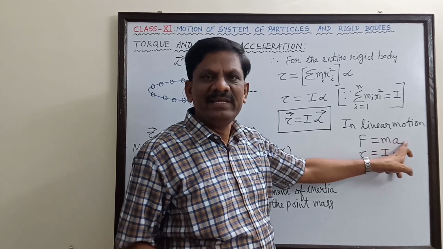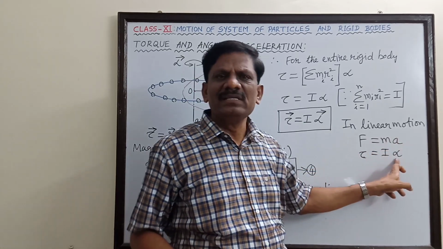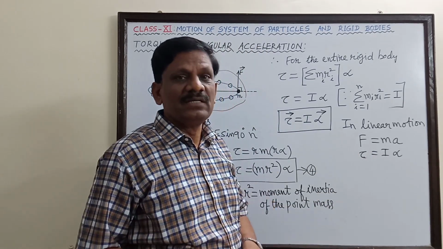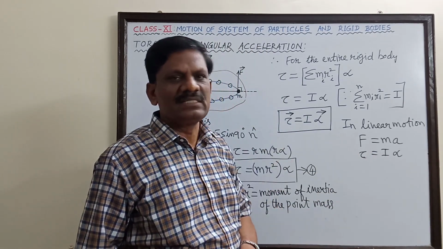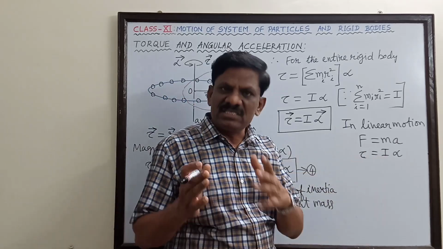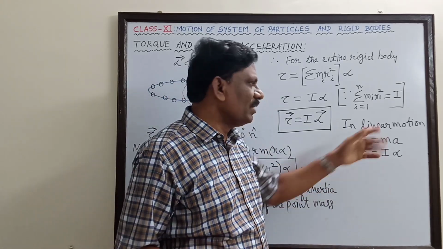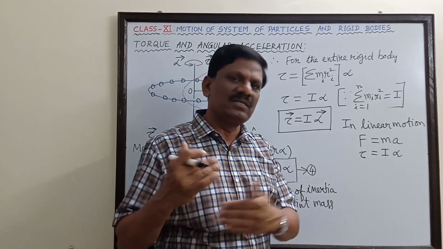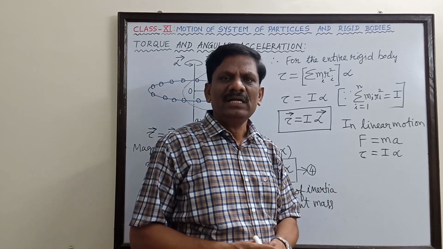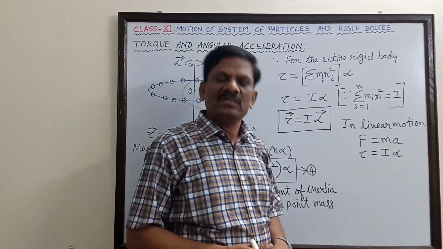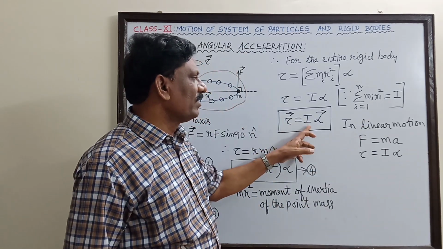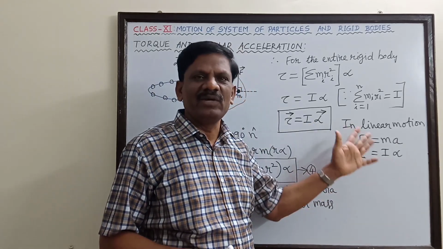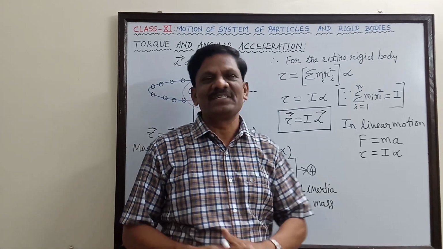So a is linear acceleration and alpha is angular acceleration. I can say that torque is analogous to force, the moment of inertia is analogous to the mass of a body in linear motion, and alpha, the angular acceleration, is analogous to linear acceleration in translatory motion. So, my dear students, tau is equal to I into alpha. This is the relationship between the torque and the angular acceleration. I hope you have understood well. Fine.